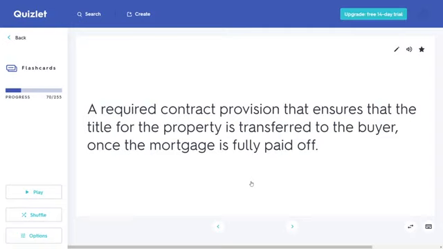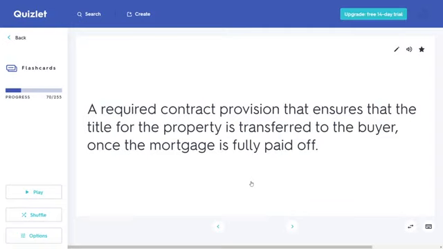But basically, what this means is once the buyer pays off the mortgage, they own the property. The title will be transferred. And again, it's important to distinctly clarify this because imagine if you just paid off a $100,000 house, $200,000 house, and for some reason there's a contract issue, and they didn't clearly define that when you paid off the mortgage, you would retain the rights to the house or the property.